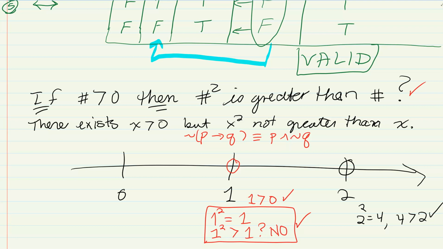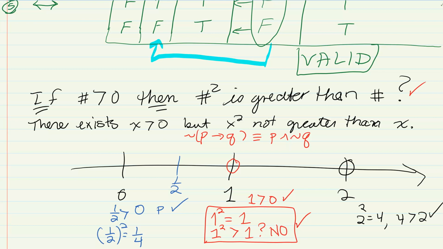Matter of fact, if you think of anything that is less than 1 but greater than 0, say 1/2. 1/2 is greater than 0. So premise 1, that's P, is satisfied, right? But 1/2 squared is 1/4.